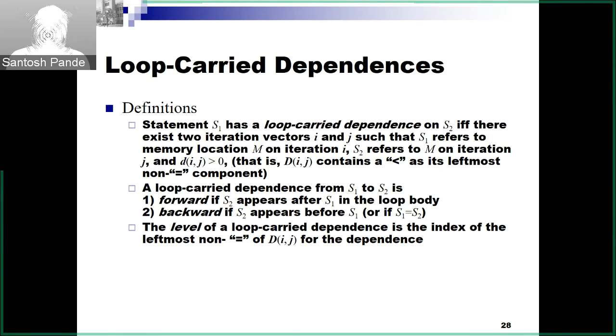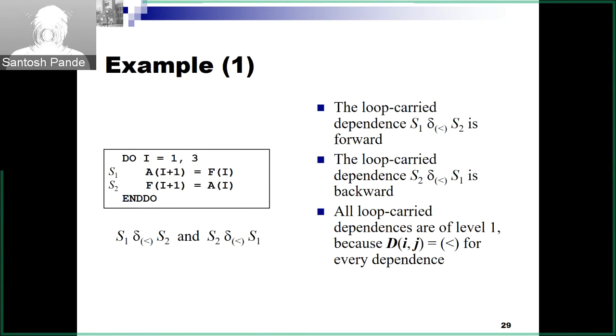Again, as we saw in some examples, that is going to be true in this particular case. We can see here that both are loop carried dependencies, from S1 to S2 and from S2 back to S1, because of A. The first one is forward from S1 to S2, and the other one is backward.